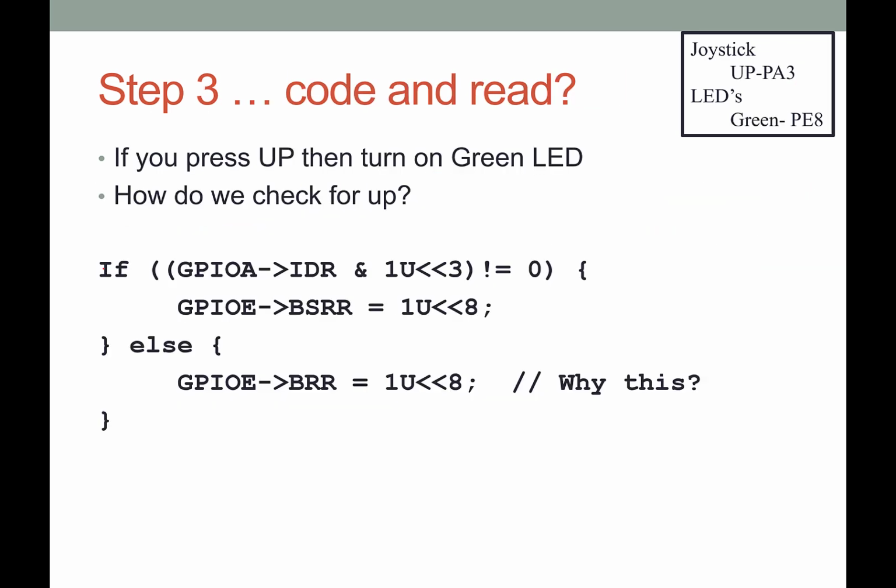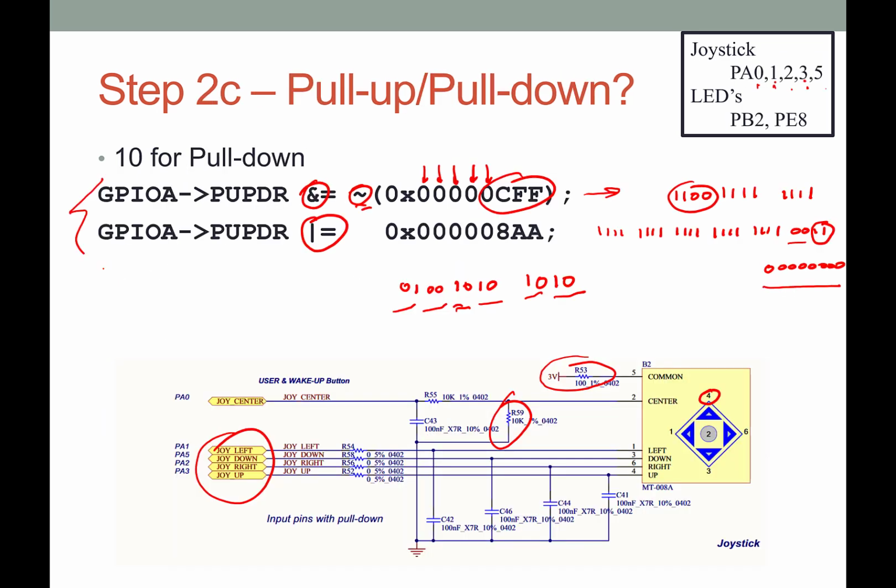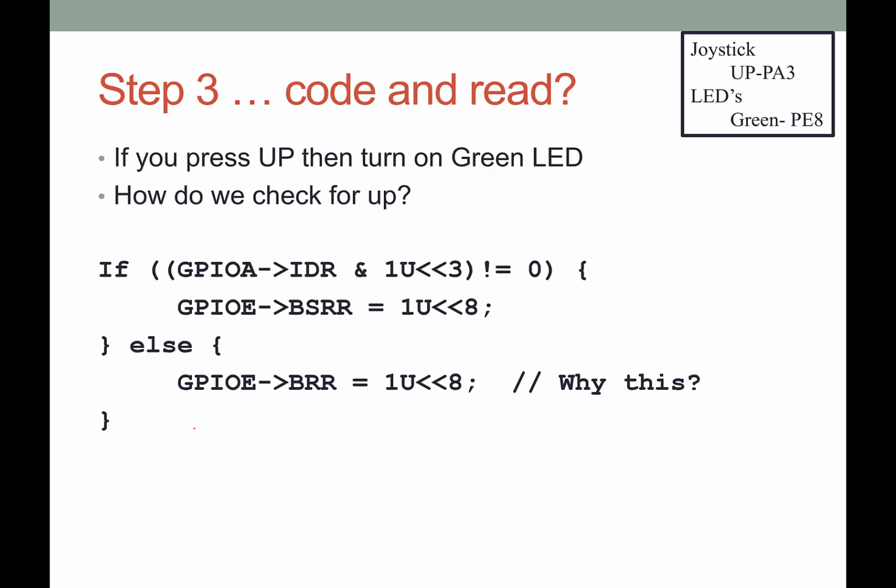Okay, so let's then look at the code and see, when we press up on the joystick, can we get that to turn on the green LED? So let's go back and make sure we understand what up is. Up is 4, which is right there, so that is going to port A3. So port A3 is the one we need to look at, and that's indeed what you see right here.